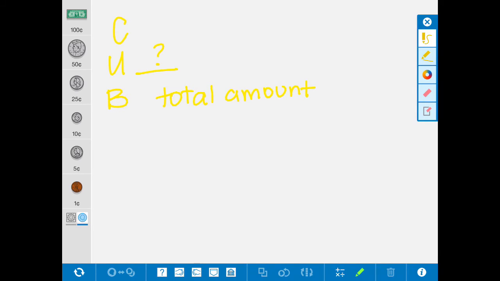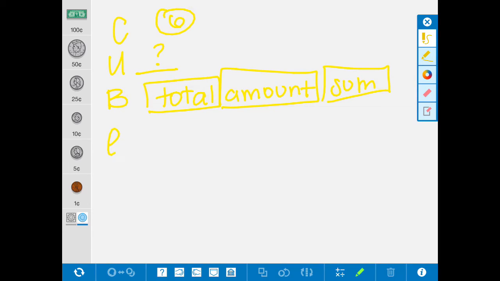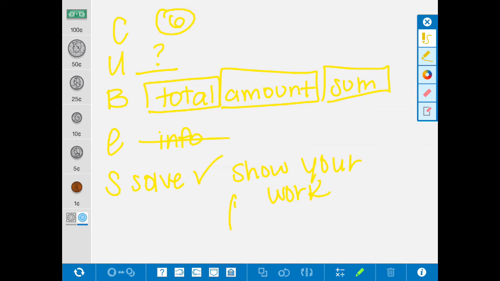So underline the question, circle numbers, box in keywords like total or amount, could be sum. E, eliminate info you do not need. And S, solve and show your work.